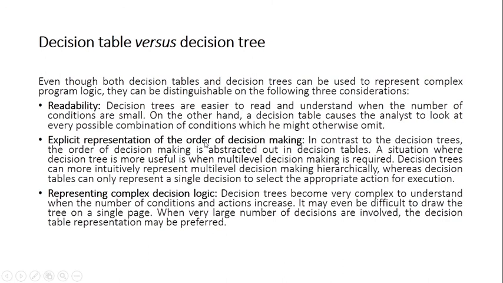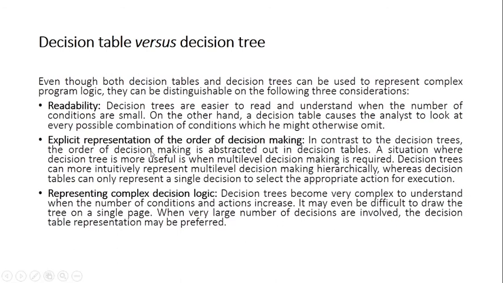On the other hand, a decision table causes the analyst to look at every possible combination of conditions which he might otherwise omit. If it is a tree and there are multiple conditions, there are lots of branches and confusion, maybe you skip one or the other criteria. But in case of a table, it is systematically represented, everything is written there, all possible combinations and their corresponding actions are given. So that is a better one for a large and a complex system.